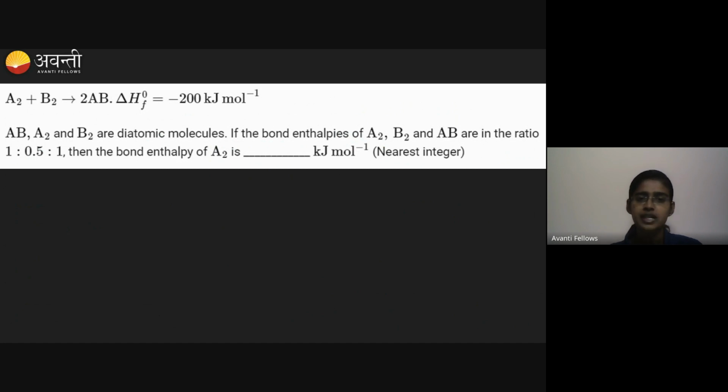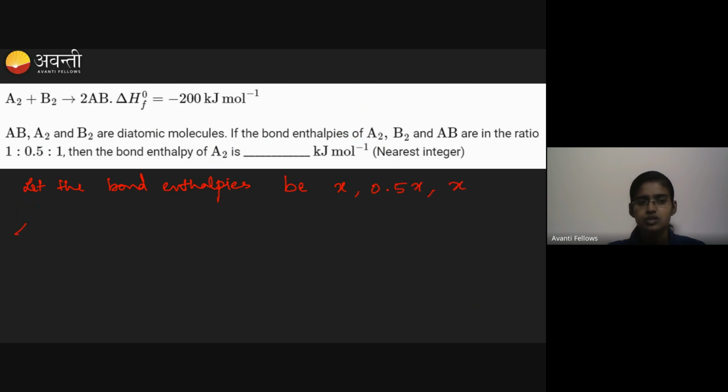If the bond enthalpies of A2, B2 and AB are in the ratio 1 is to 0.5 is to 1, then the bond enthalpy of A2 is. So how to find out? Let the bond enthalpies of all these three be x, 0.5x and x.